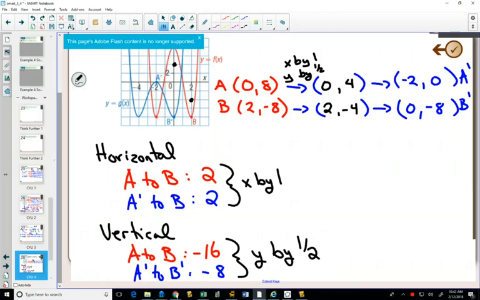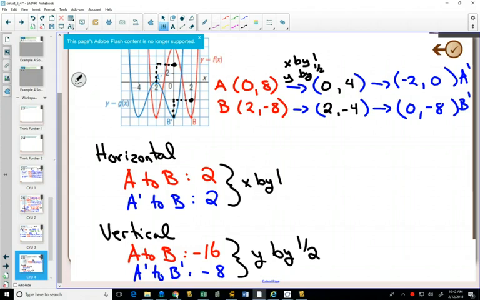And now we have to take those points and something has to translate to make it match up with (-2, 0) and (0, -8). Can you see that the same translations could happen to those black points to match up with A prime and B prime?